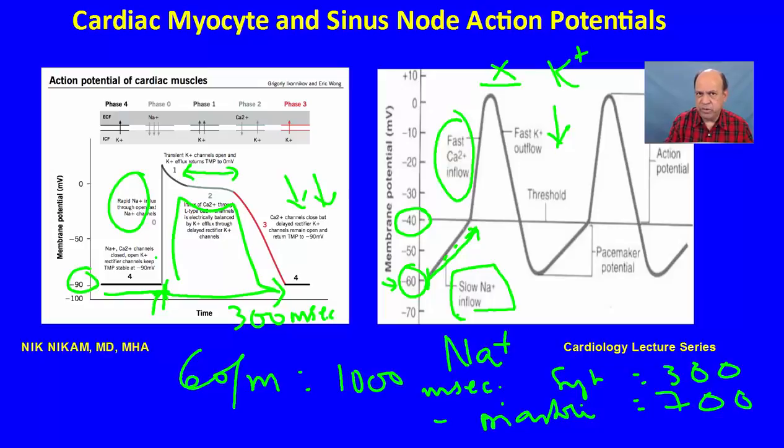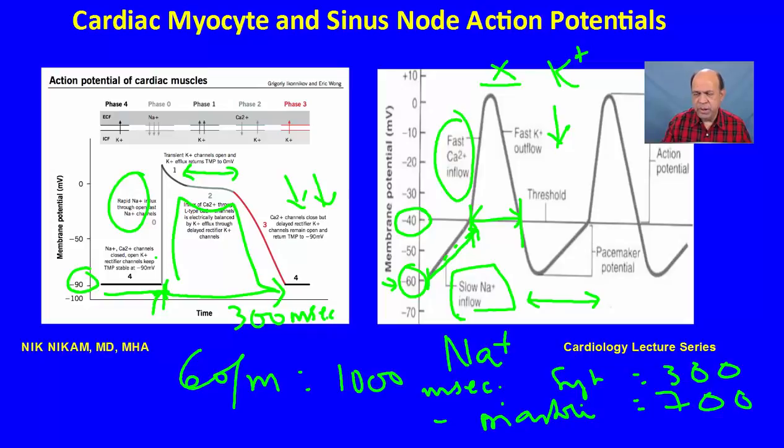What happens to the action potential? Usually the systolic phase or the depolarization phase of the action potential is more or less fixed to a large extent. It is the diastolic phase that is shortened during a tachycardia. Let's say you have a sinus node impulse coming right along, and all of a sudden you give atropine.